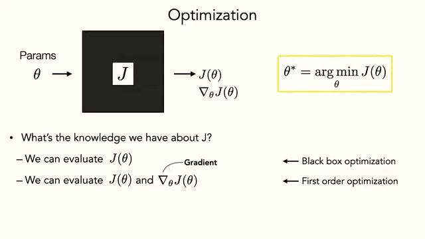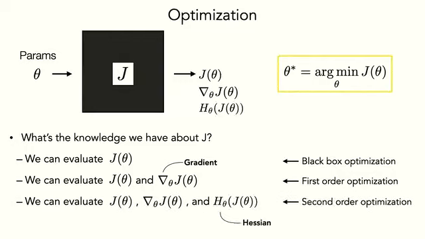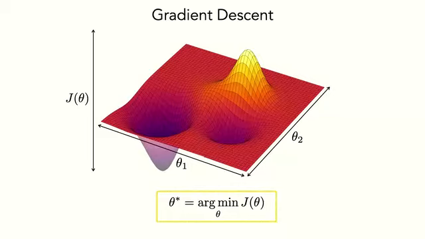You might take some approximation of the gradient based on a specific point, and you can evaluate that as well. And additionally, we can also do second order optimization, where you could actually calculate the Hessian. In practice, this isn't something that we often actually do. Usually, we really just focus on first order optimization, where we're just looking at that linear approximation to the gradient at a given point.